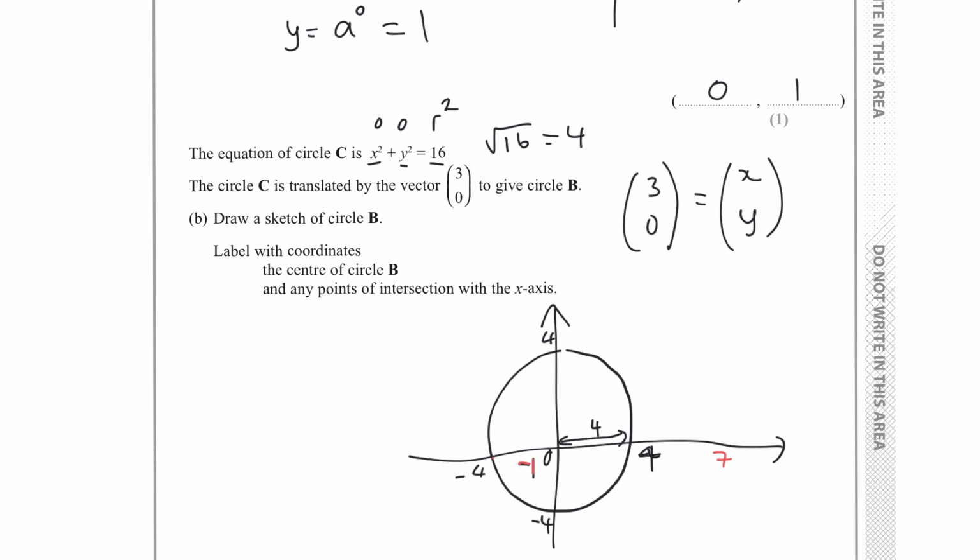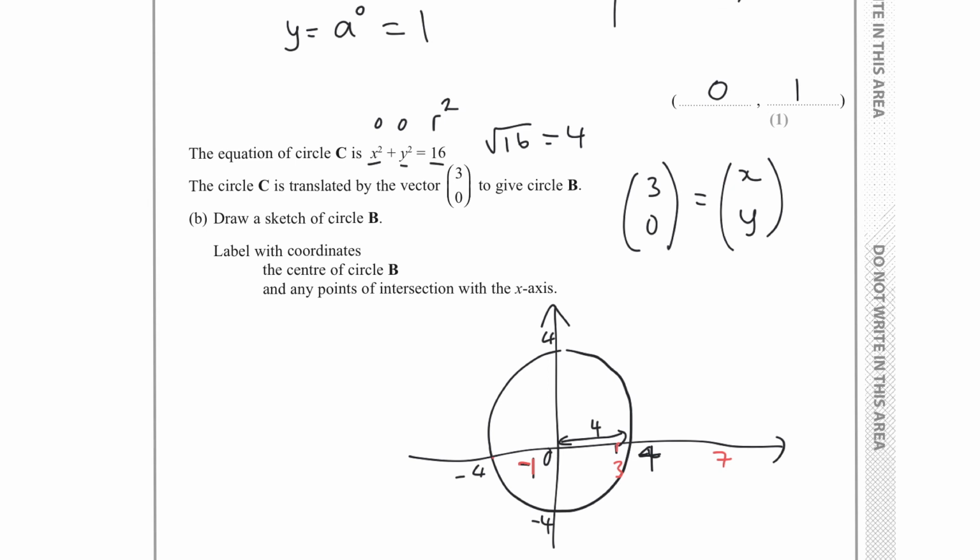Then the new center would be the coordinate 3, 0. So then my new circle would look something like this. Let me actually draw that again, because the y bit has not changed, so it's still going to hit y is 4 and y is -4.